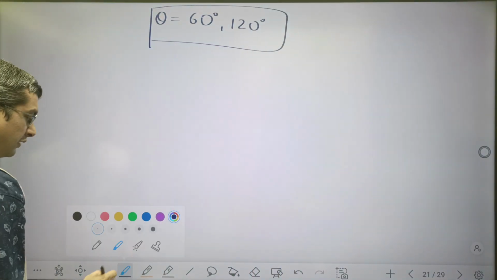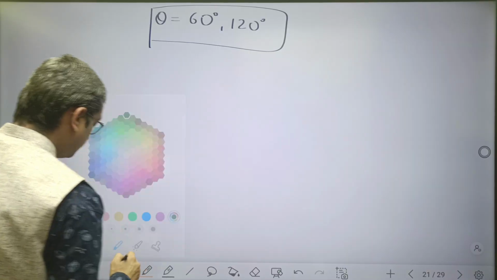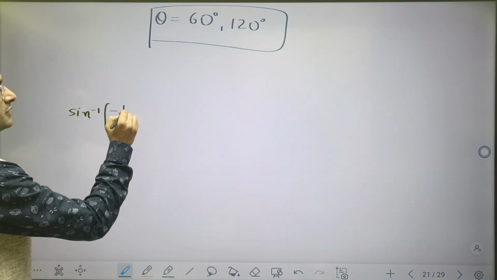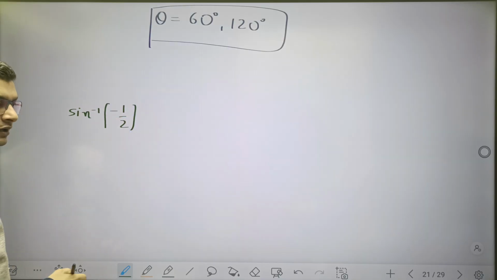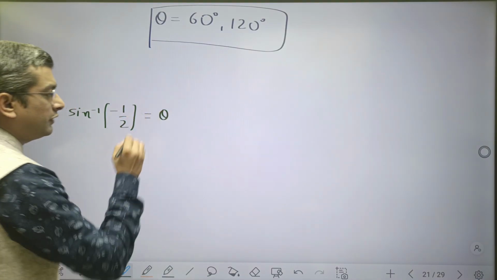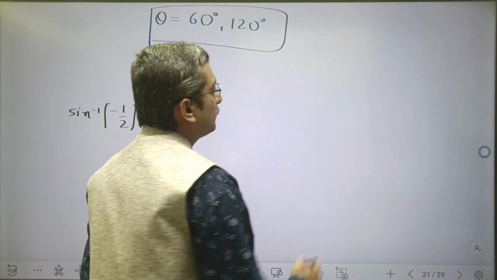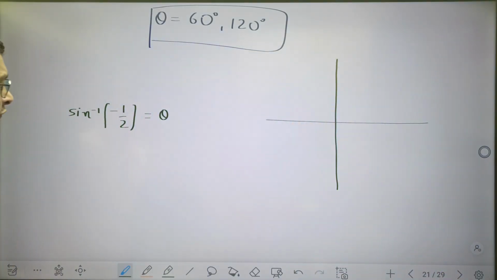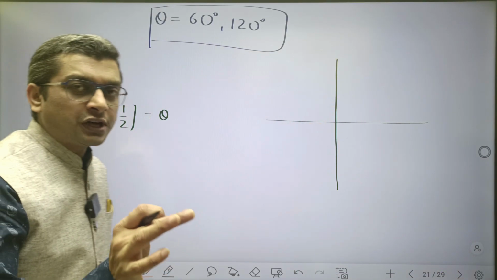Suppose I write sine inverse of minus 1 by 2 is equal to theta. We have to find the value of theta. So what do we do? Just draw the quadrants. Step number 1: choose the quadrants.